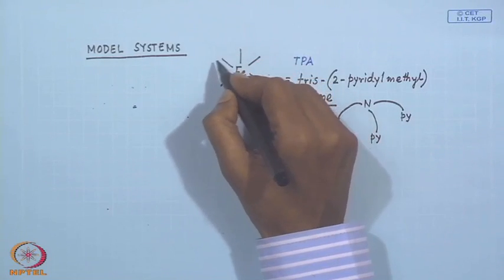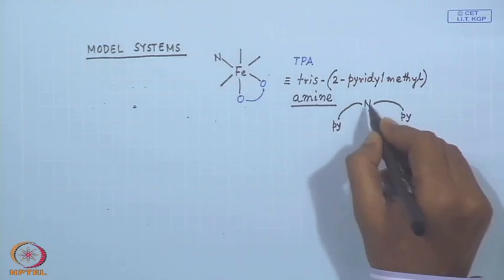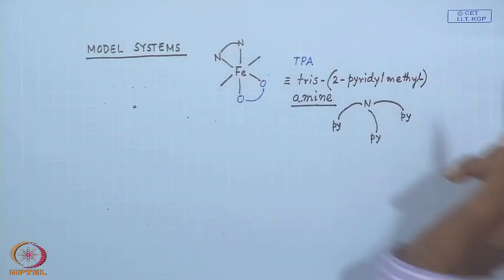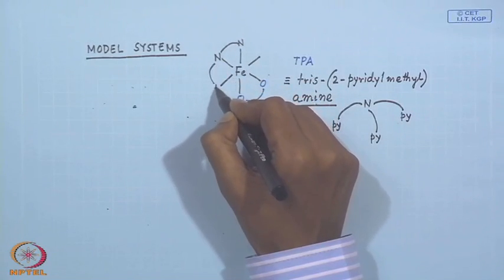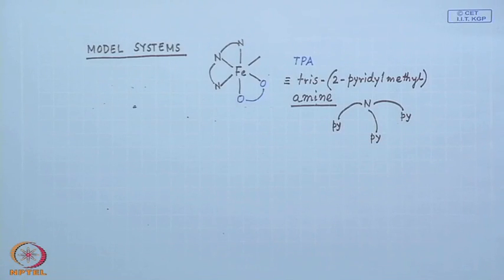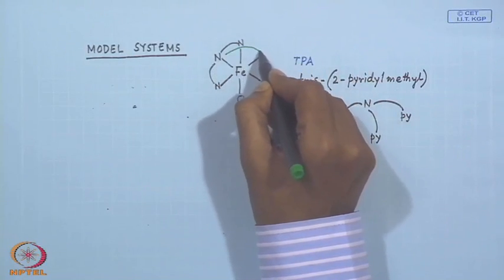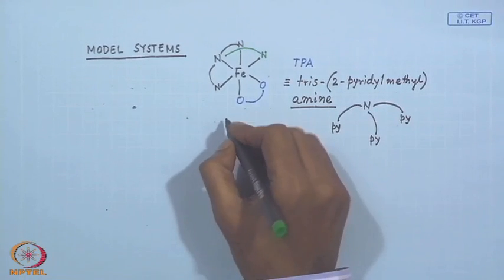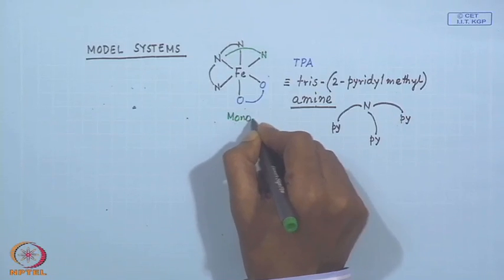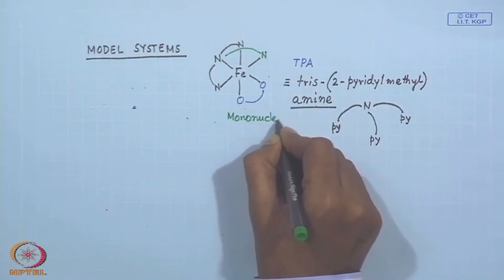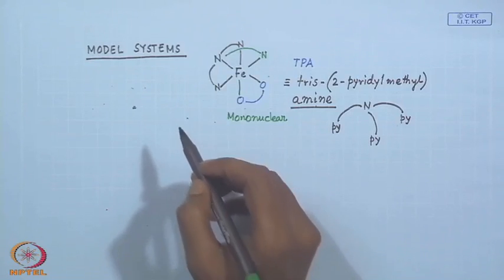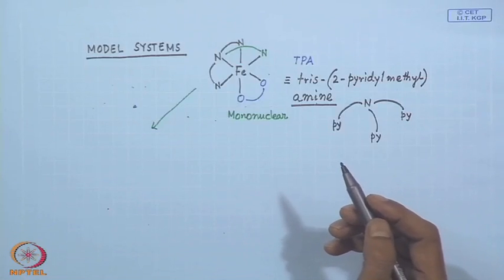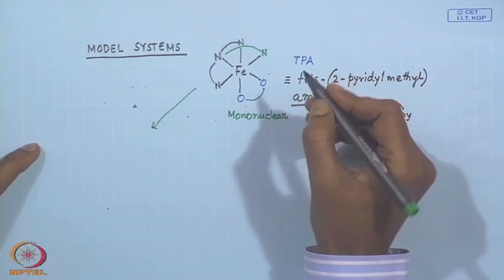So, this is the nitrogen, this is the non-pyridine nitrogen, which can go for binding this way, and lastly the other one. So, you have a regular octahedral complex, a mononuclear octahedral complex, and we try to see whether this particular molecule is reactive or not.